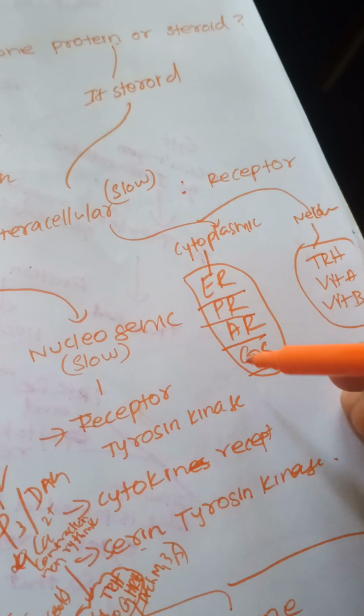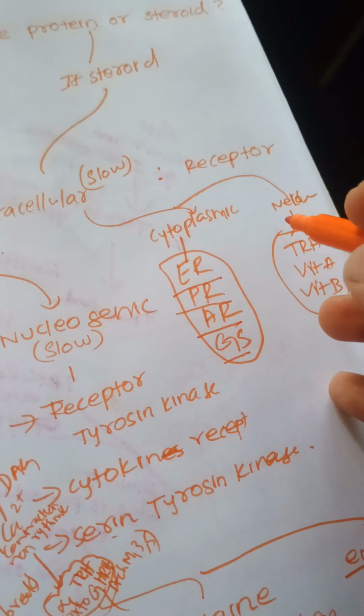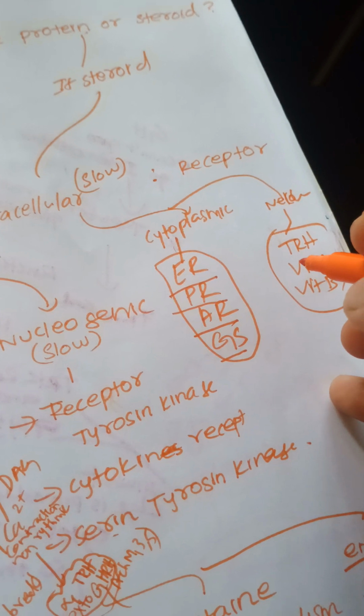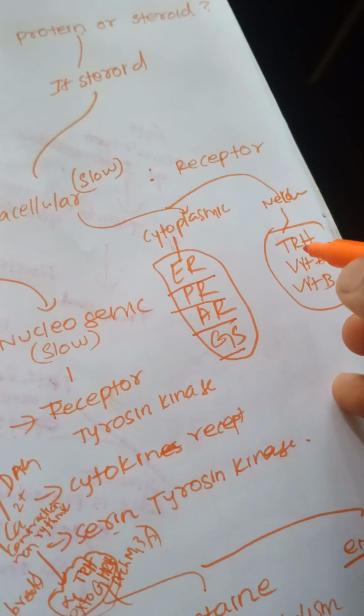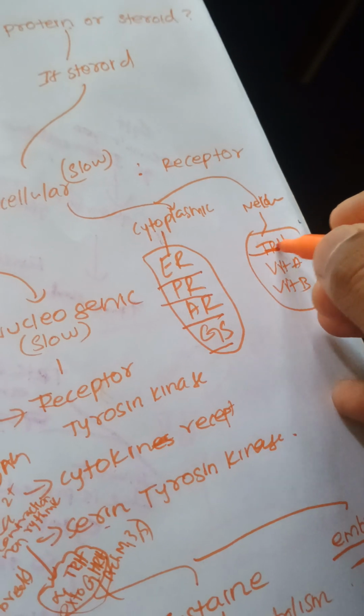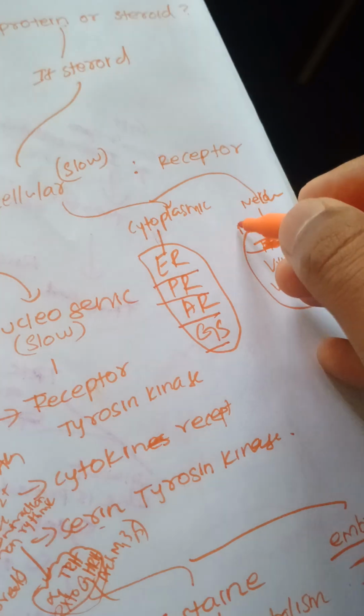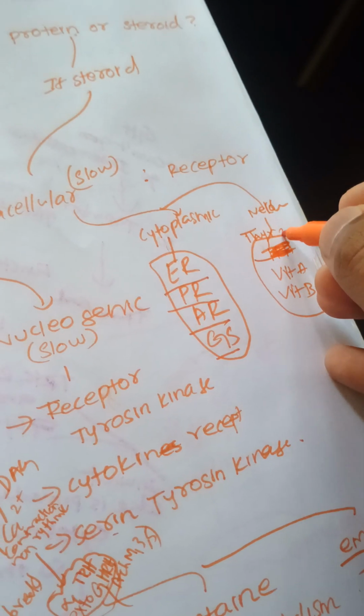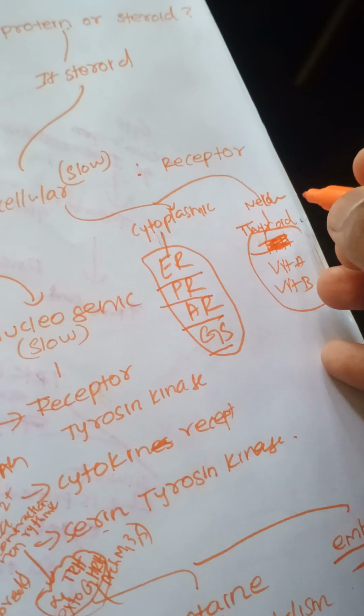There are many receptors, and these are important ones. Nucleic receptors are thyroid receptors. Thyroid hormone acts through the nucleic receptors.